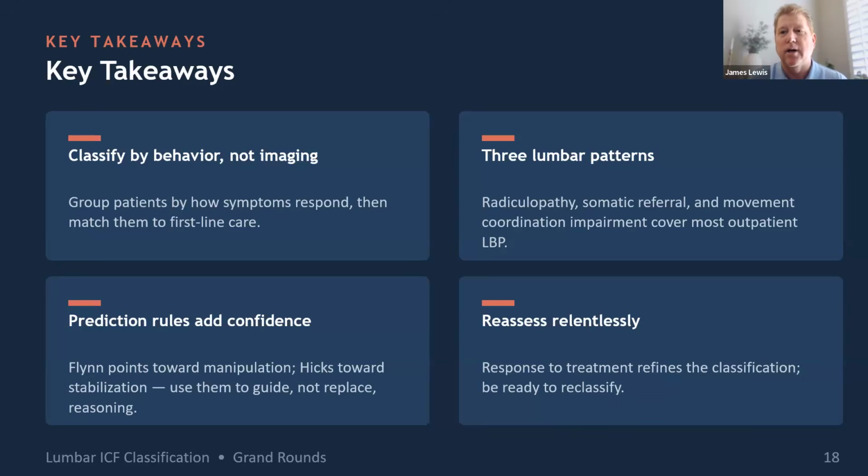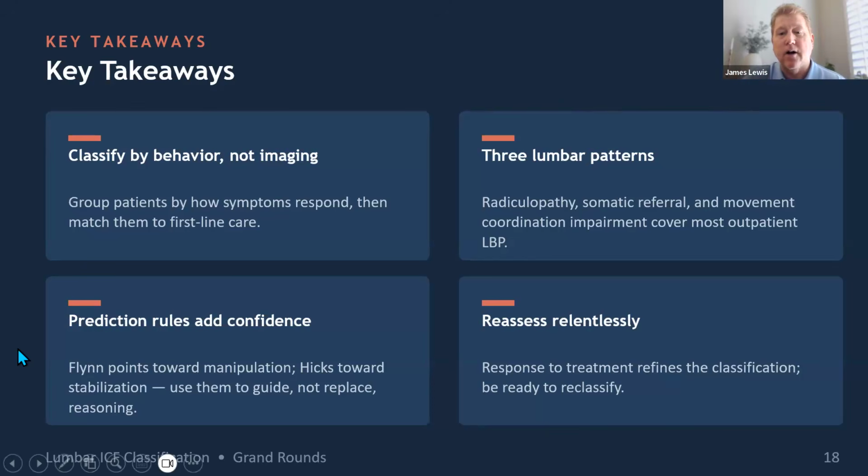I don't think any of us really do that, but those clinics are out there, and you probably know of one or even maybe worked in one. So try to classify by symptoms, those things that they're telling us, versus what the doctor has told them, the imaging and so on.